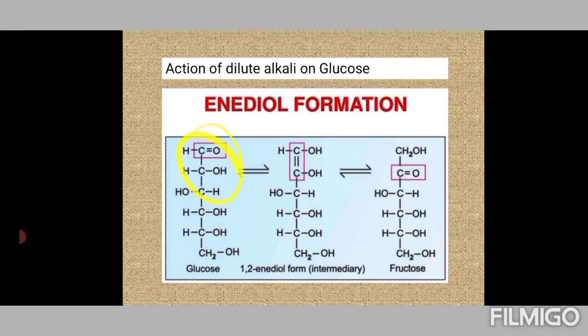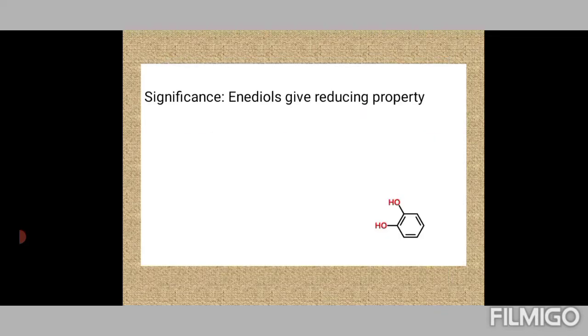The aldehyde group is the functional group which imparts reducing property to monosaccharides like glucose, ribose, galactose or mannose, unlike the keto group. But fructose and other ketoses can get converted to aldoses through this enediol form. So that is the significance of enediol formation here. Reducing property is acquired with the help of this interconversion through enediol forms.